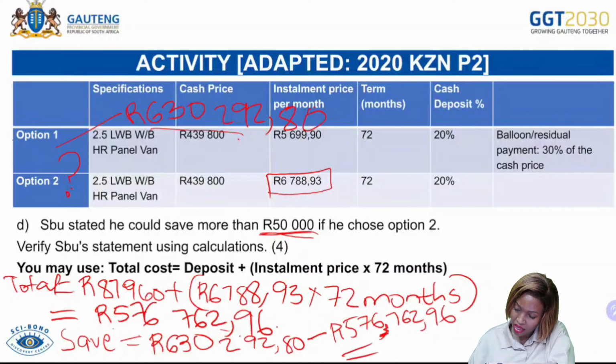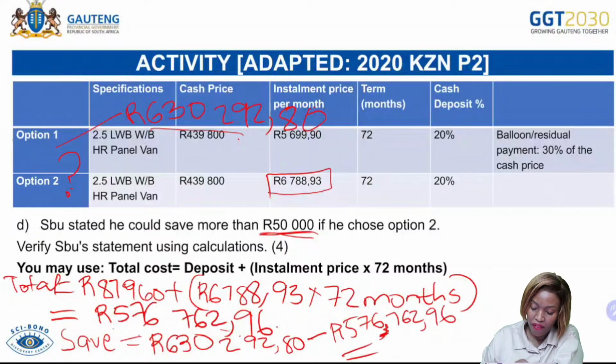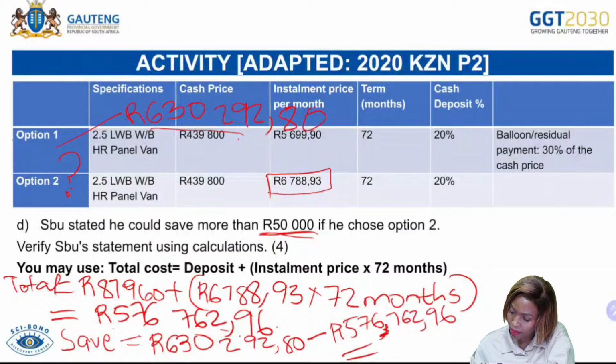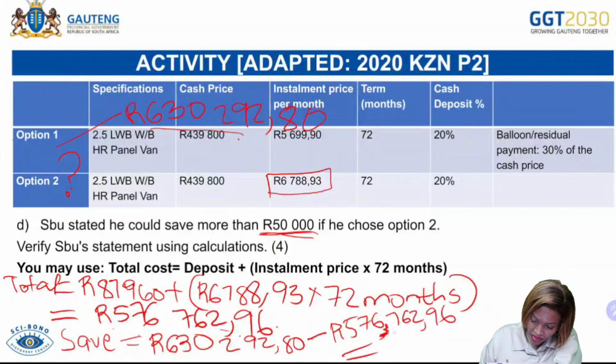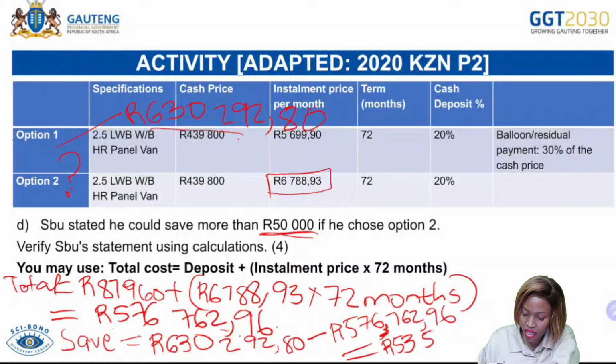It is 630,292 and 80 cents minus 576,762 and 96 cents. So the answer there is 53,529 and 84 cents.